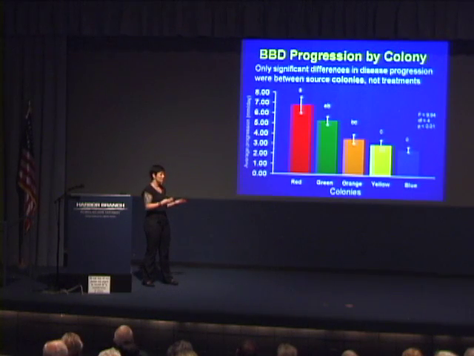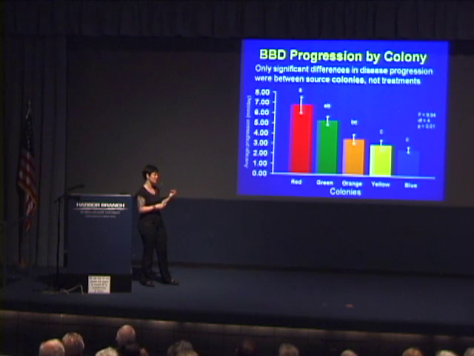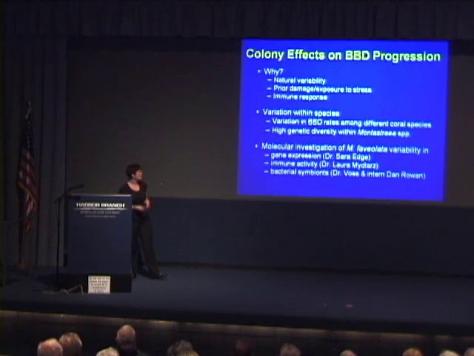And red, green, blue, yellow doesn't indicate the color of the colony. That's just the name we gave the colonies for identification purposes. But the fact that it came from different colonies, and that different colonies had a different response, means that something's going on at the colony level, and could it be immunity? So that's what we asked.